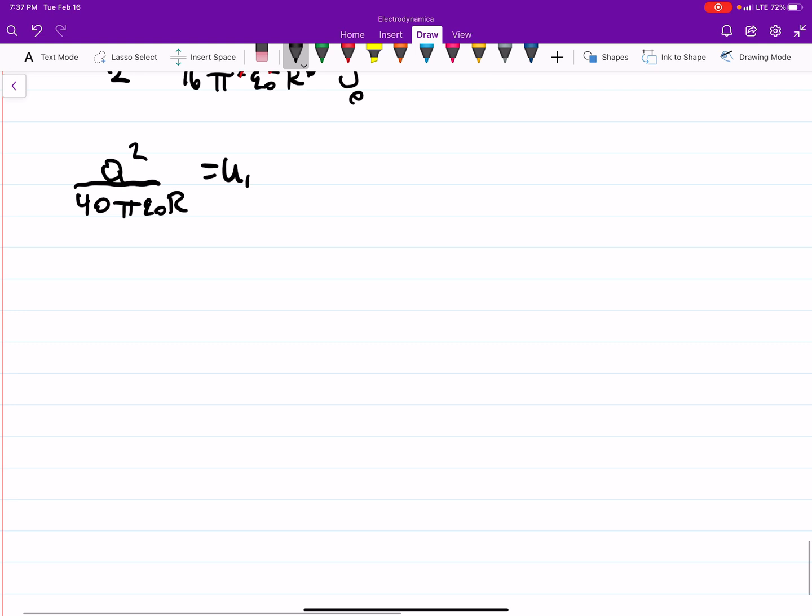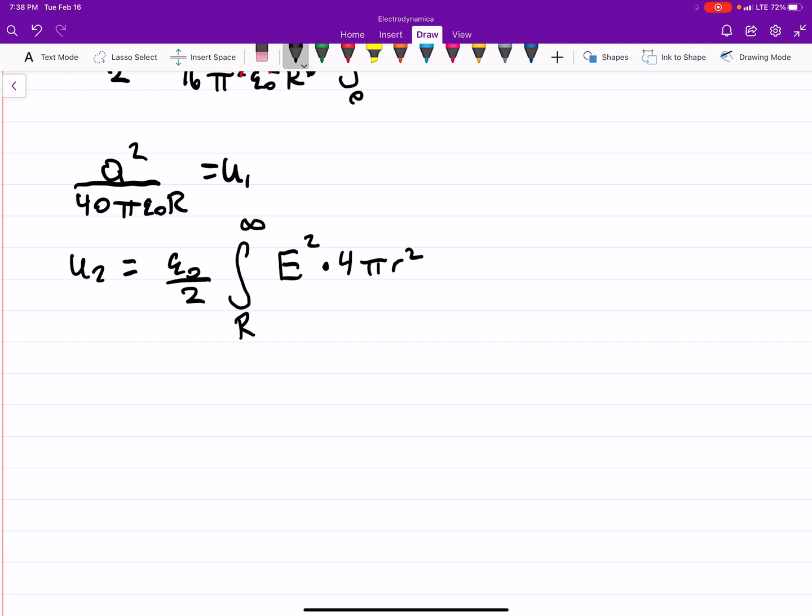And then for U2, it's actually a little bit easier. U2 is going to be outside, so that's going to be epsilon naught over 2. The integral from our surface all the way off to infinity, E squared times 4 pi r squared dr. This is exactly like before, just changing our bounds a little bit.